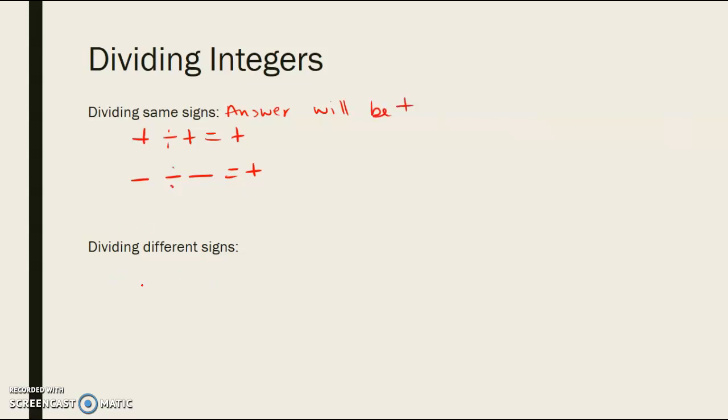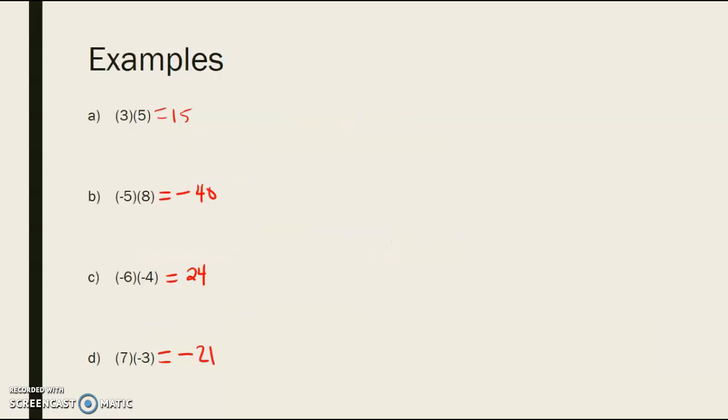If we are dividing with different signs, like a positive divided by a negative, or a negative divided by a positive, then either one of these is going to give us a negative answer. So the answer will be negative.